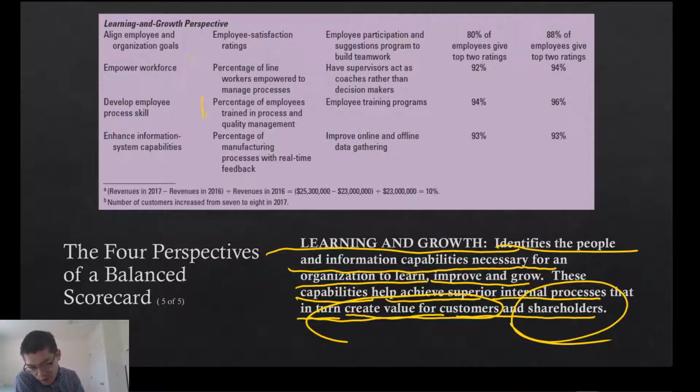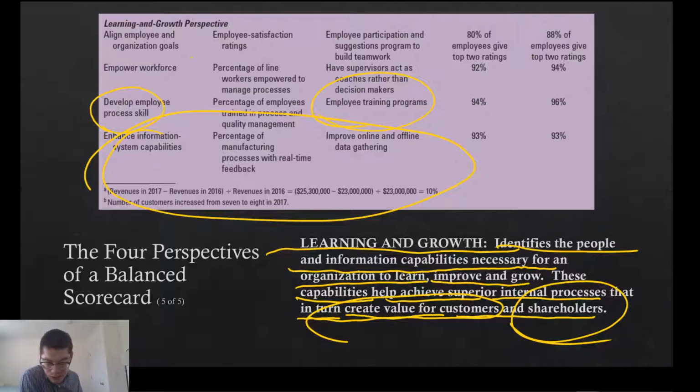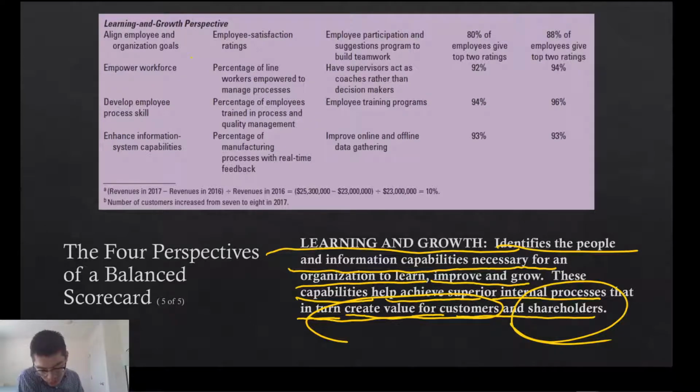And here that really talks about how we are able to authorize power to the frontline workers to arrange their responsibilities and to improve their productivity, and how we can improve employees' performance by training them and giving more accurate or more sufficient information for decision making or some other things.